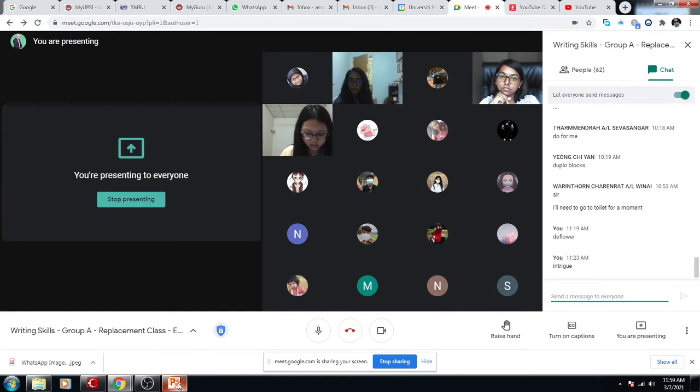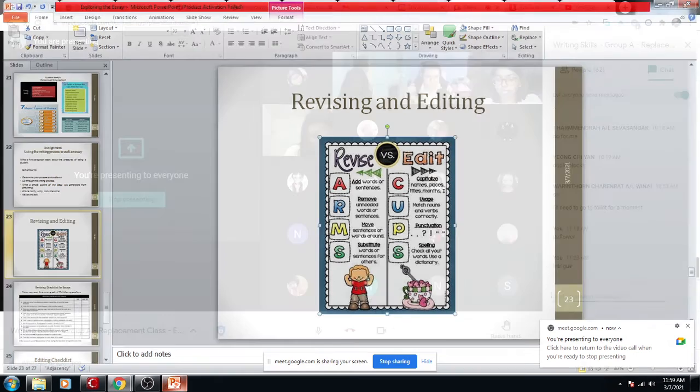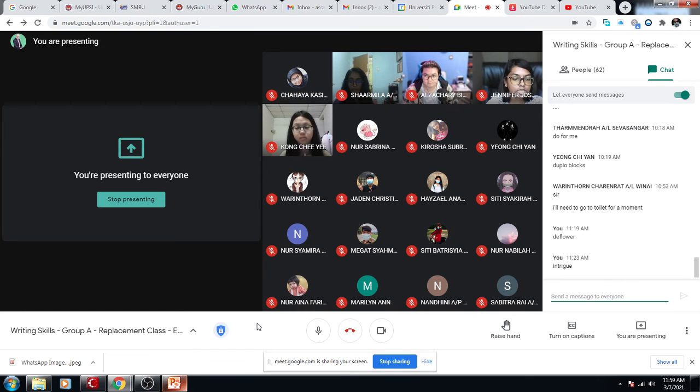The grammatical systems that we looked at, about 80 grammatical systems, you make sure that they are correct in terms of grammatical usage. You check sentence by sentence. And then you look at the punctuation, also part of your editing, and spelling. So these are the CUPS. ARMS and CUPS are neat acronyms to help you remember what to look for when you revise and edit.